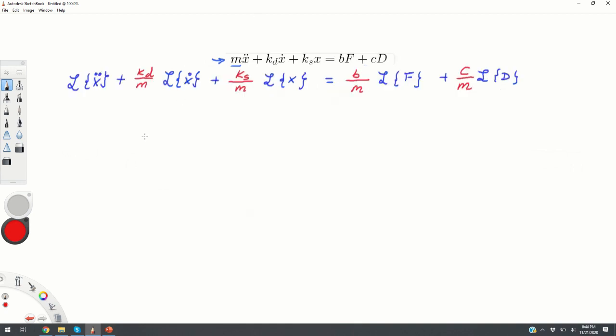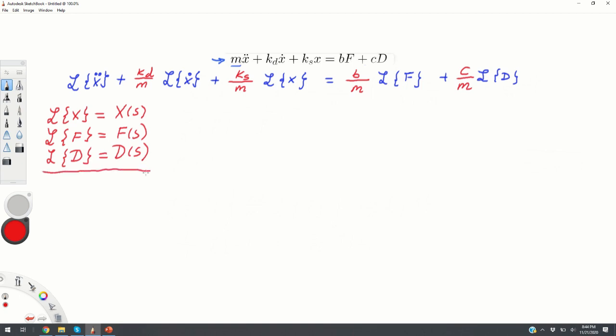Let us introduce a new notation. The Laplace transform of x will be denoted by x of s. Similarly, the Laplace transform of the force F will be denoted as f of s, and the Laplace transform of the disturbance force D will be denoted as d of s.